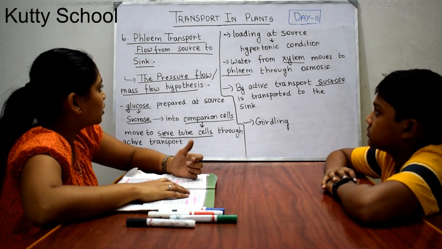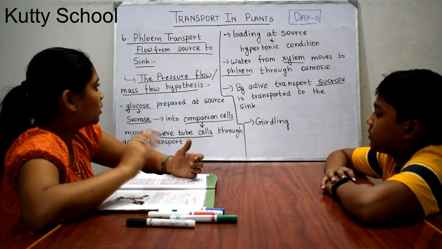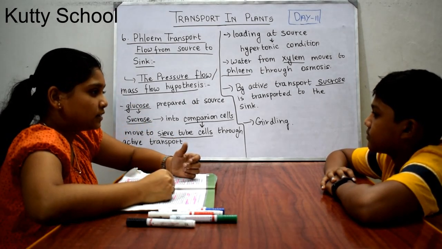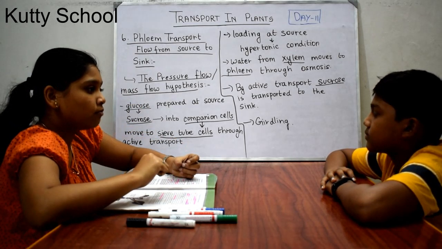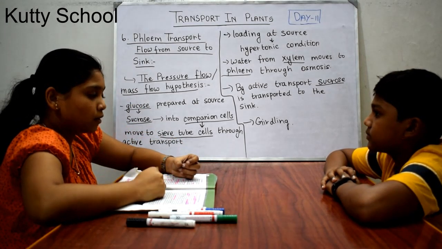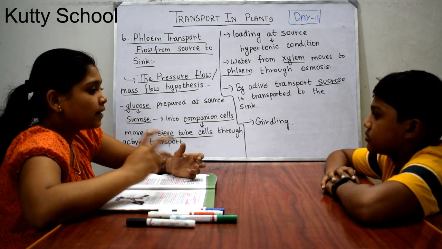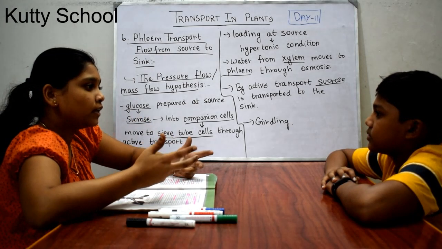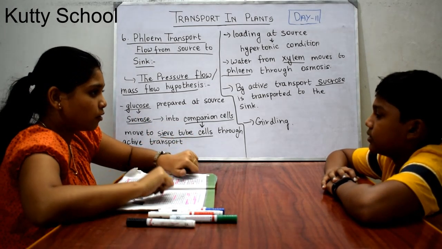We cannot definitely say that the source of the phloem is the leaves. Why? Because in some plants in the autumn season or spring season, they do not have any leaves. All the leaves will be weathered off.